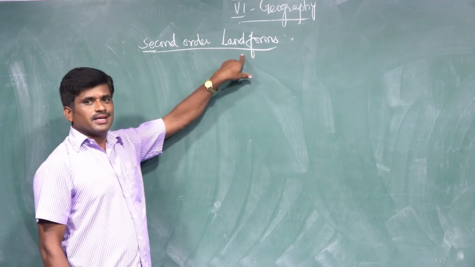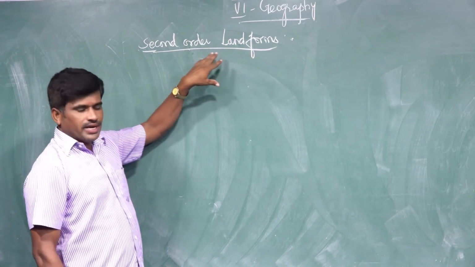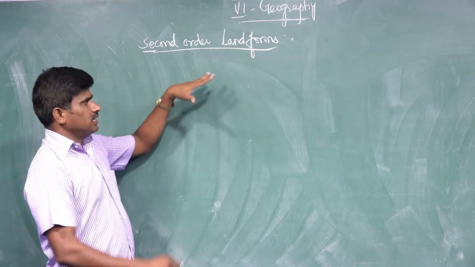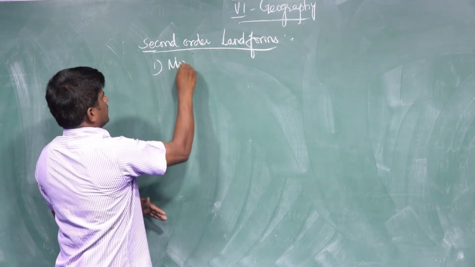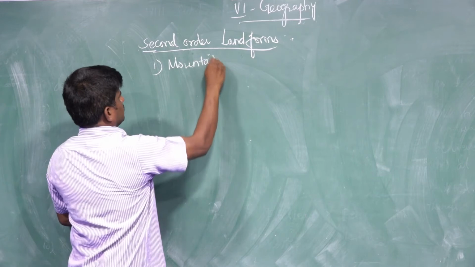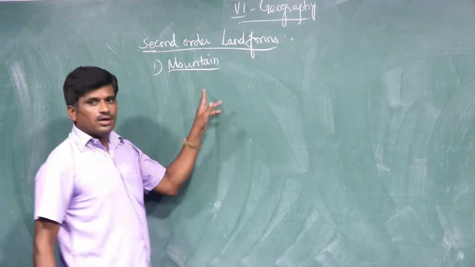Next we go to second order landforms. What are the second order landforms? Mountain, plateau and plains. Let's see one by one in detail. First we go to mountain. What is called a mountain?